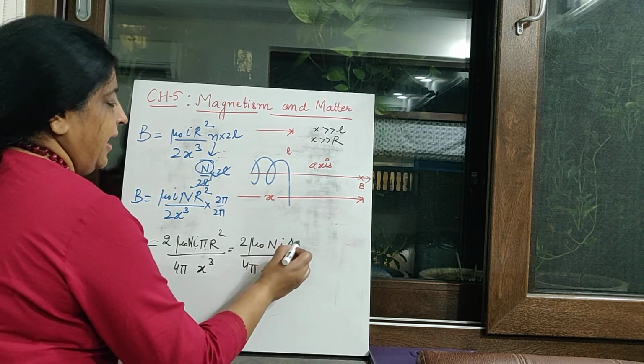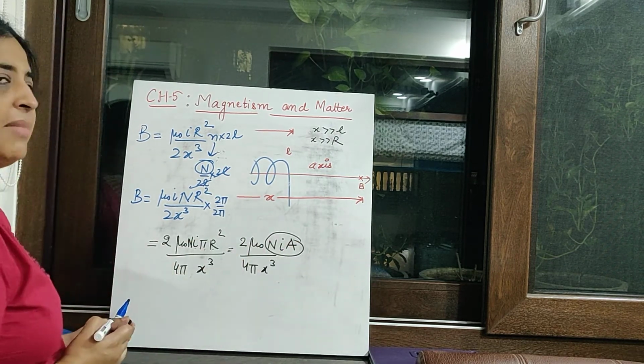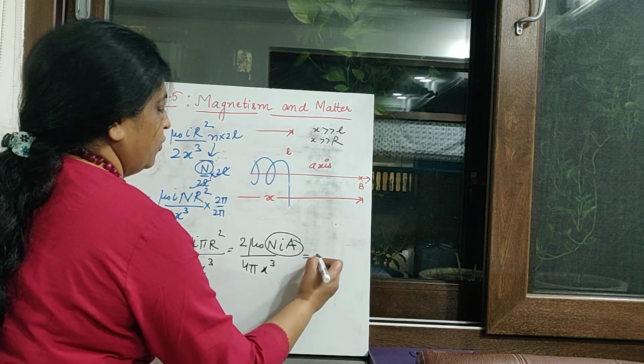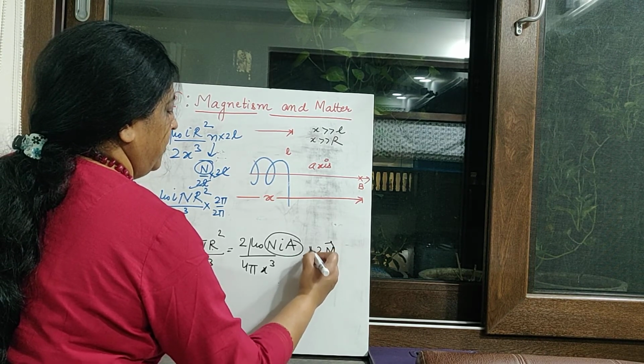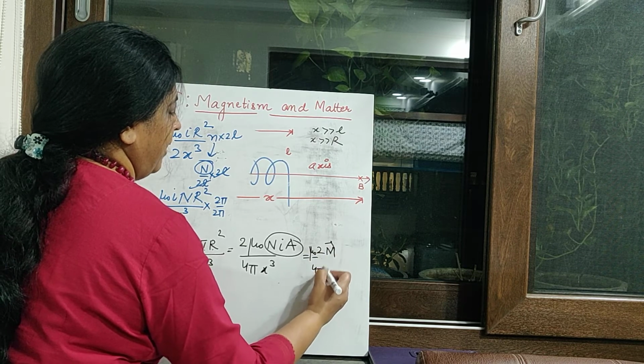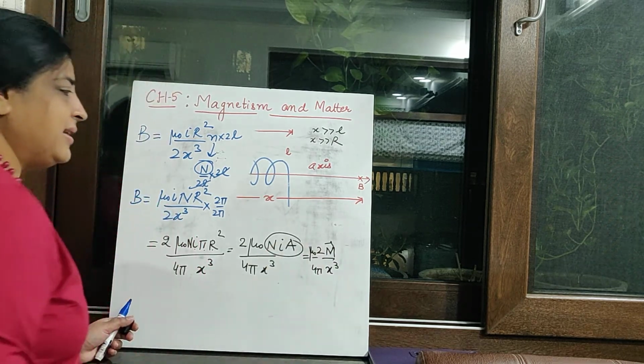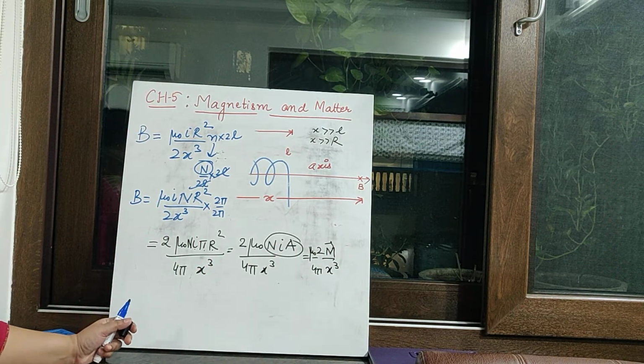Now nIA, you all know, is the magnetic moment, so 2m mu naught by 4 pi x cube. So this is the resulting expression.